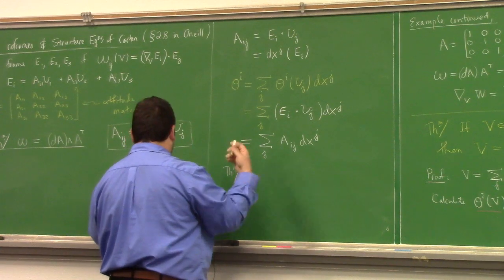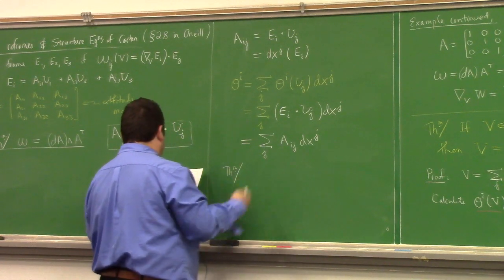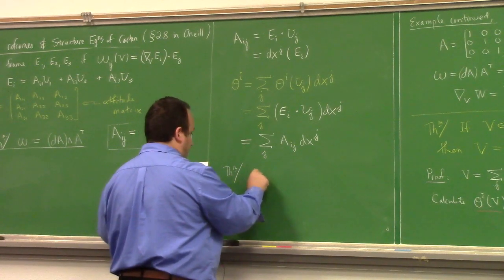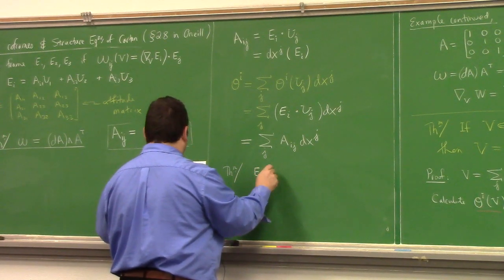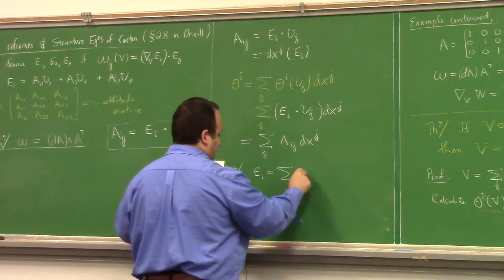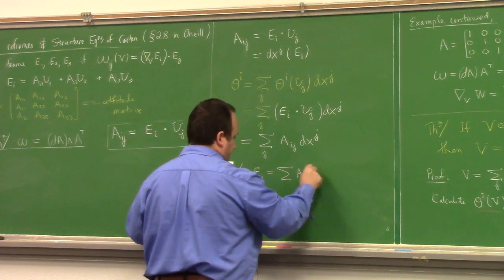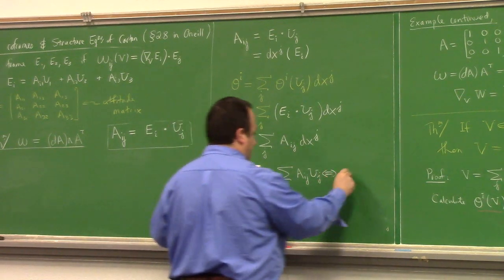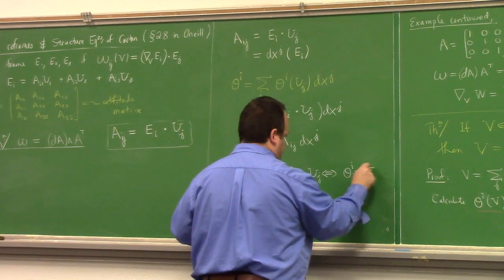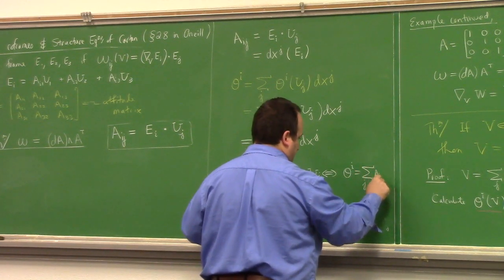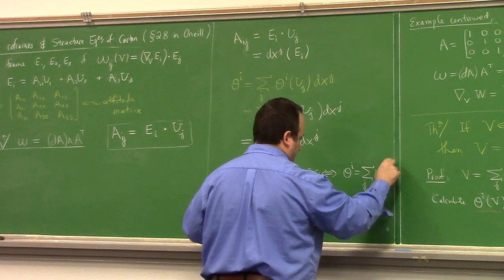This is my proposition 2.7.4, which I've entitled Attitude of Coframe, and it simply says this: Ei equals the sum over j of aij uj if and only if theta I equals the sum over j of aij dxj.